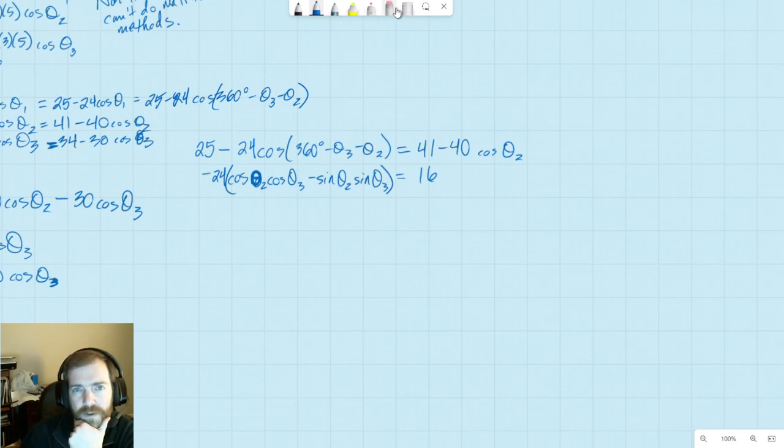Okay, and then plus 40 cosine theta 2 is equal to 16.